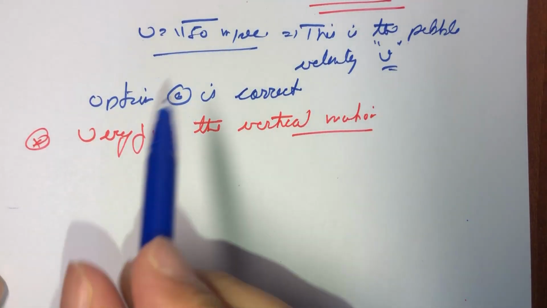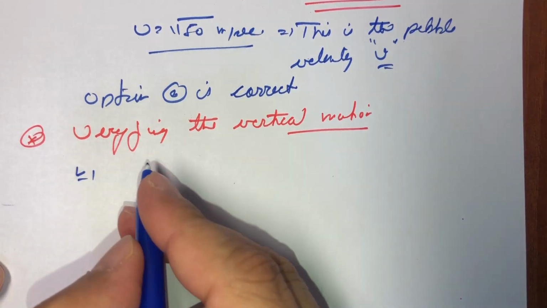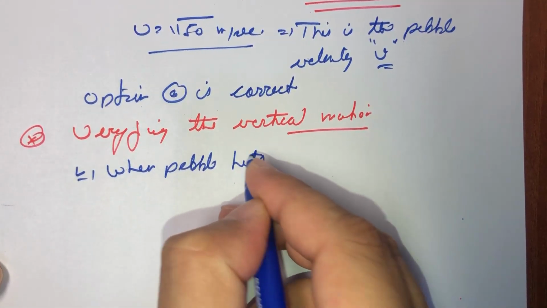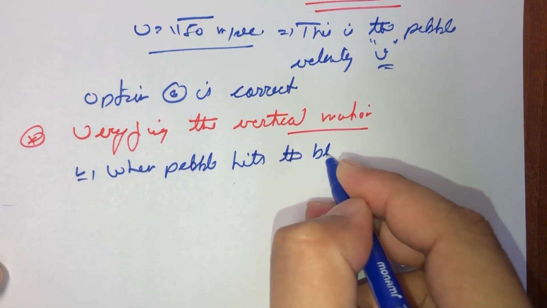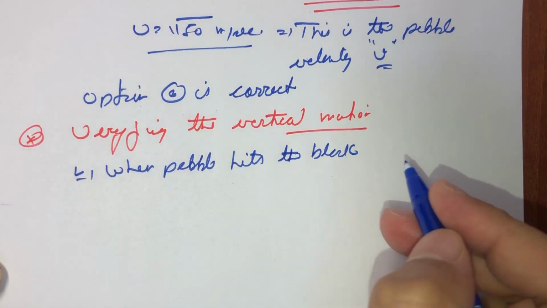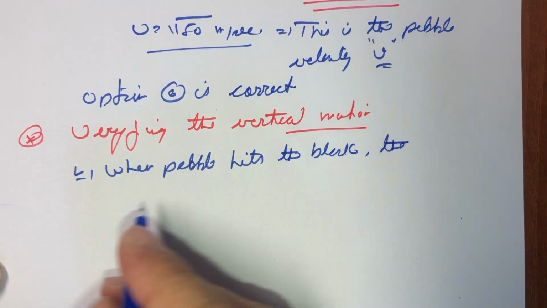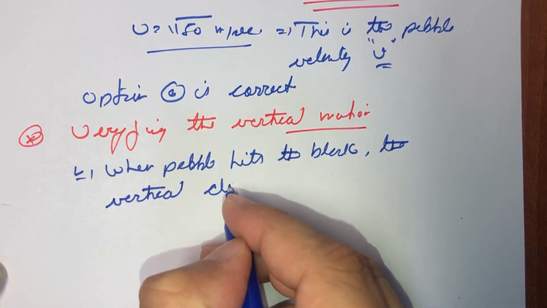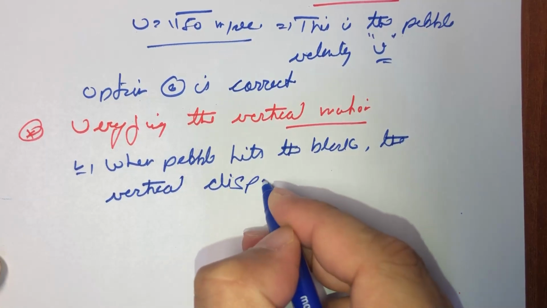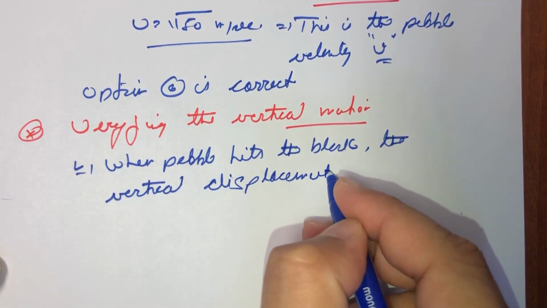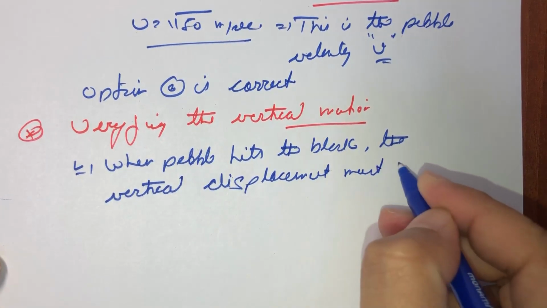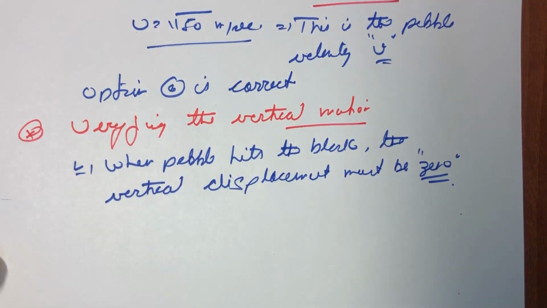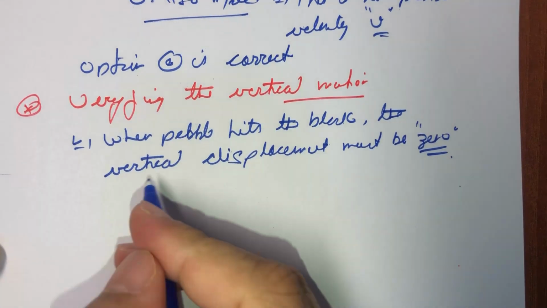When the pebble hits the block, the vertical displacement must be zero, and this happens at t is equal to 1 second.